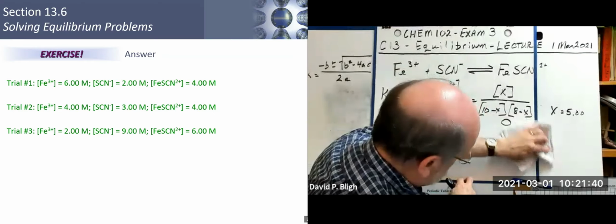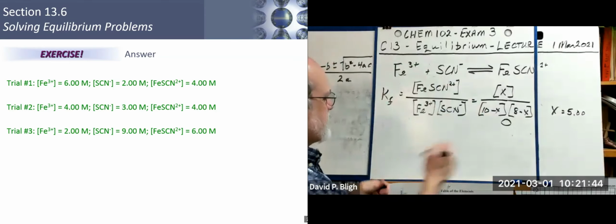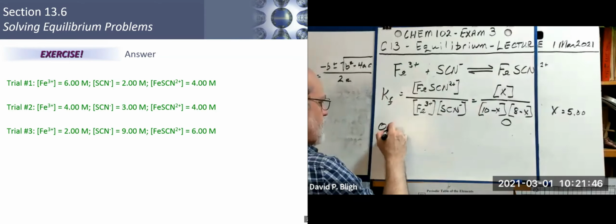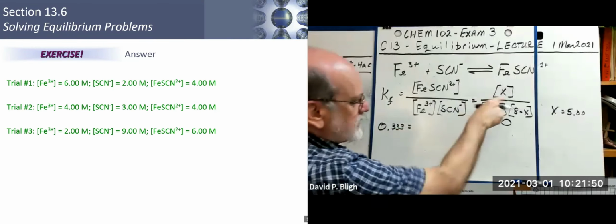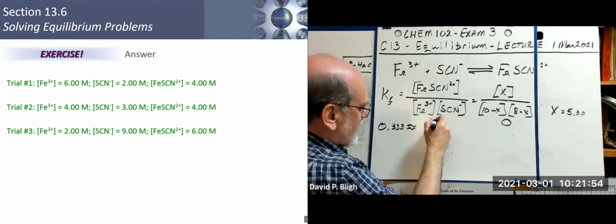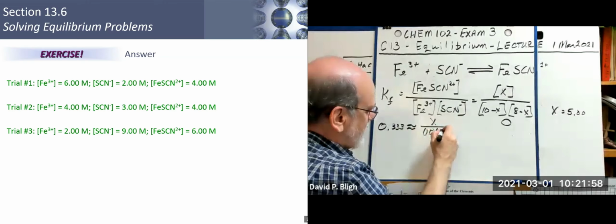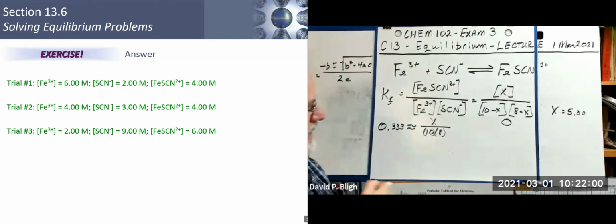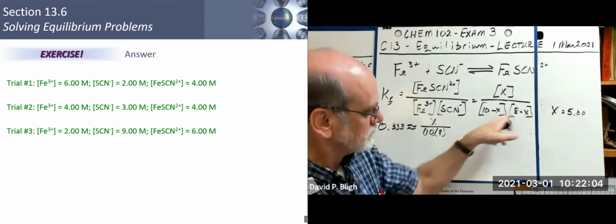All right. So let's suppose 0.333 equals this value. Actually, let's say approximately X divided by 10 times 8. That's where we ignore X for our first iteration.